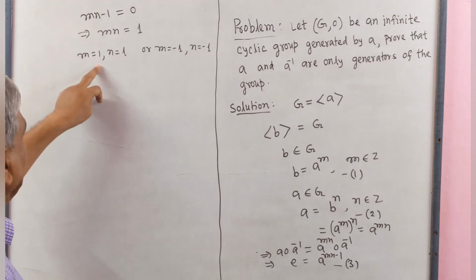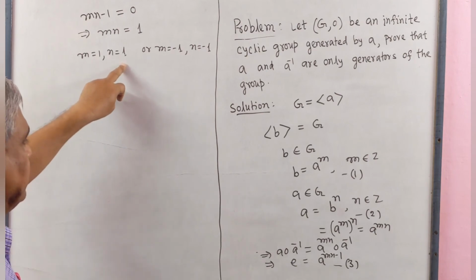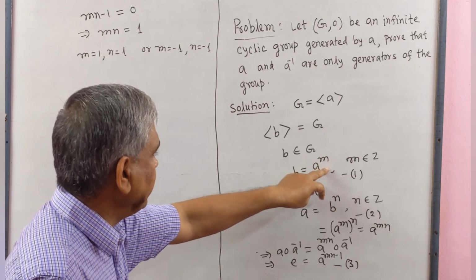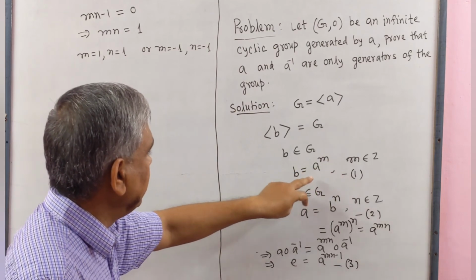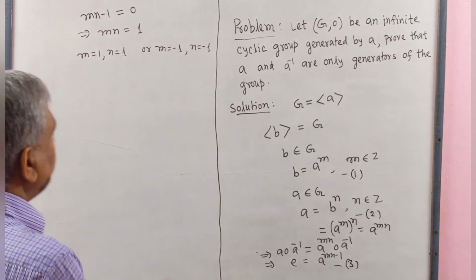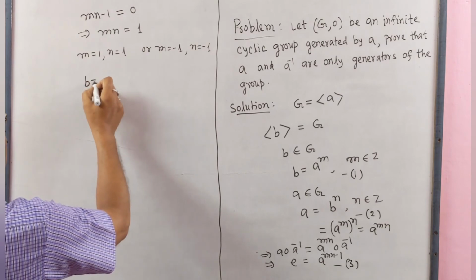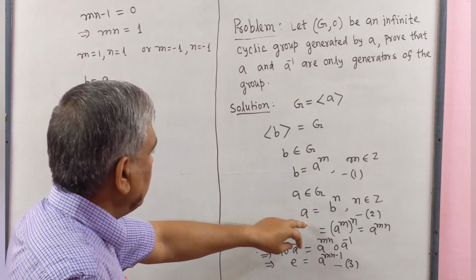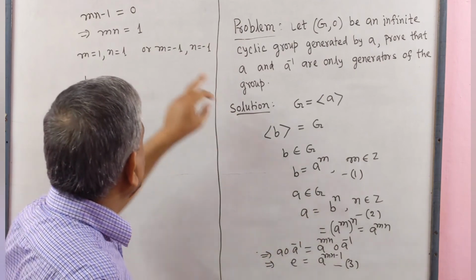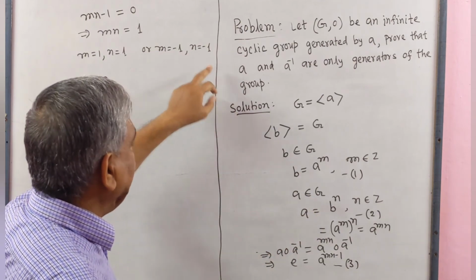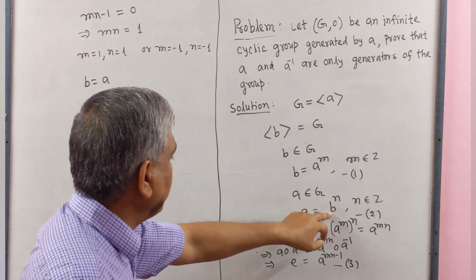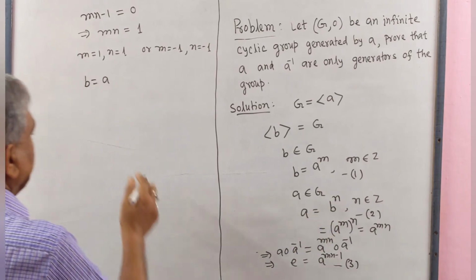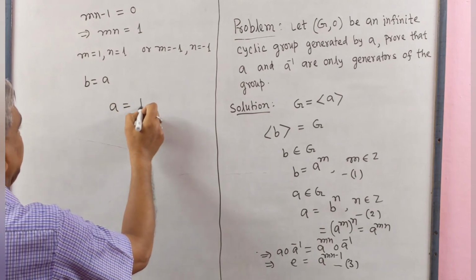When m equal to 1, n equal to 1, in that case here m equal to 1 in number 1. In this case B equal to A, and when m equal to minus 1, n equal to minus 1, here in this case number 2, A equal to B inverse.